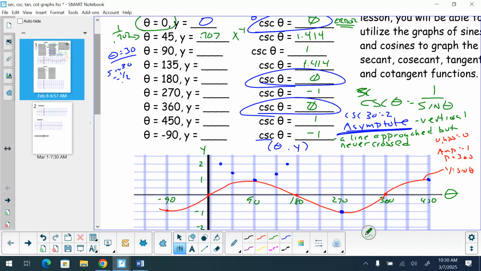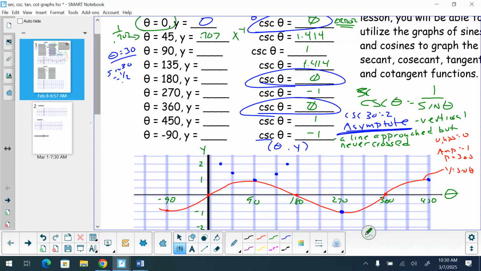Typically they're lines that are approached, which means we're getting closer and closer to it, but we're never crossing it. We're going to get closer and closer, but never cross.